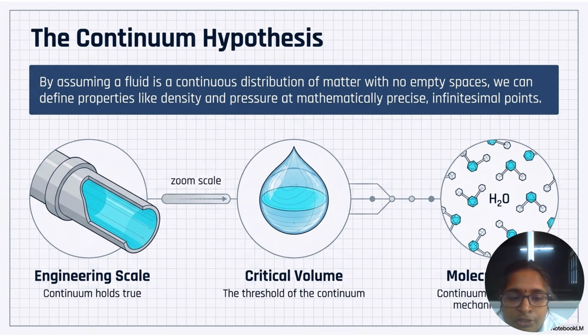And in engineering scale, the continuum hypothesis holds good. That is flow of water in a pipe, that is pipe fluid flow, where we can get the critical volume, that is the threshold of the continuum. And in that critical volume, we can analyze one single molecule, that is called the molecular approach.